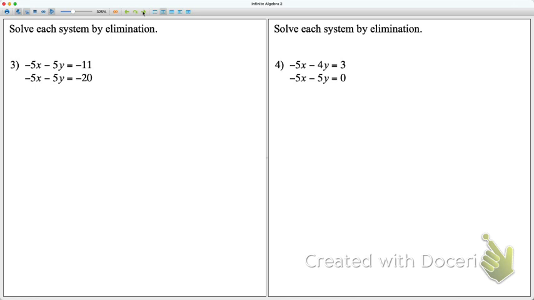Negative 5x minus 5y equals negative 11. Negative 5x minus 5y equals negative 20.